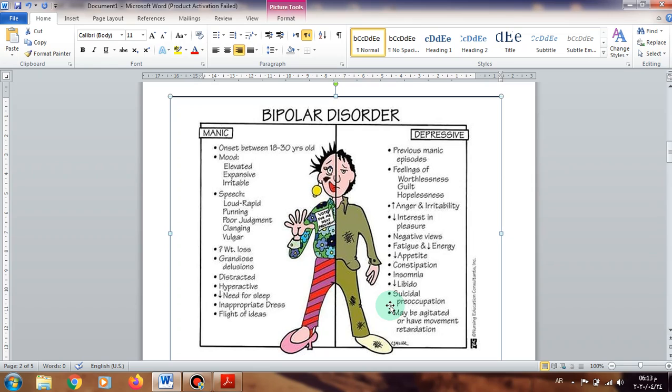Any patient with depression may have a suicidal attempt.